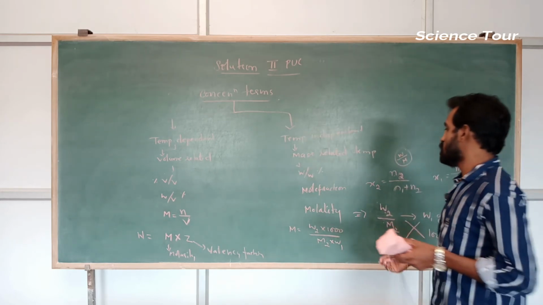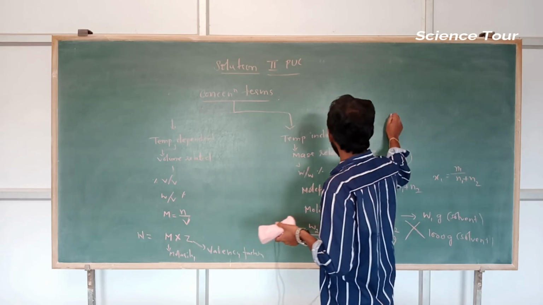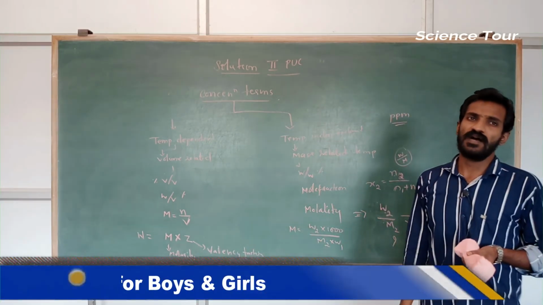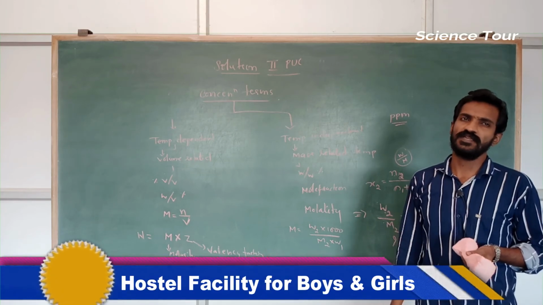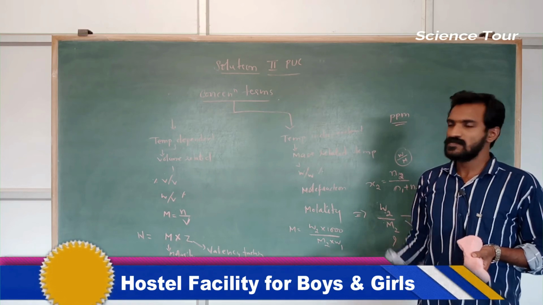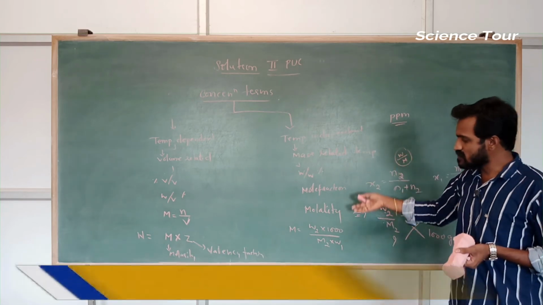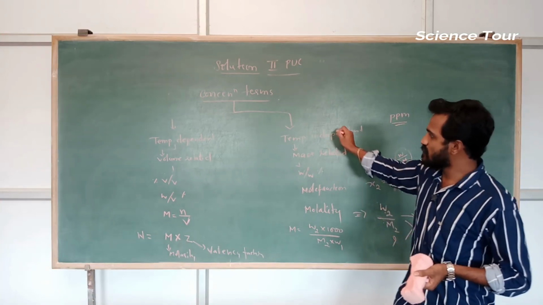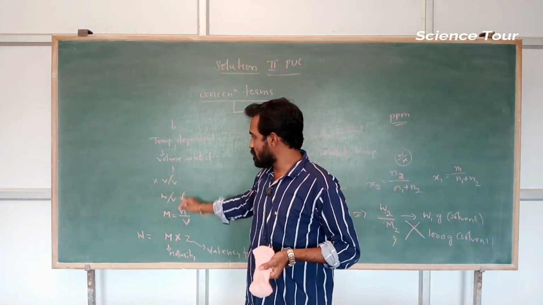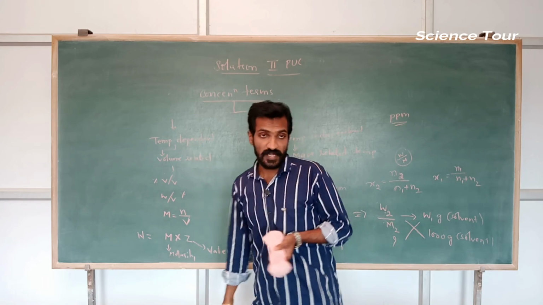Understand? And next is parts per million, ppm. ppm is also mass related. Understand? So all these are mass related formulas, temperature independent, and the volume related formulas are temperature dependent.